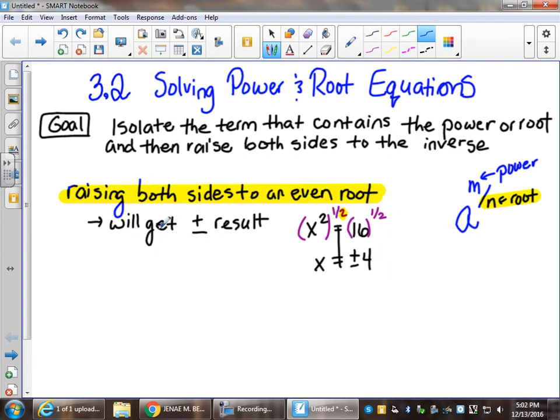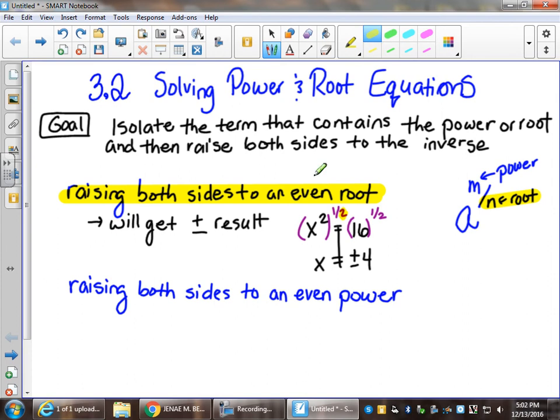The other piece we need to talk about is raising both sides to an even power.